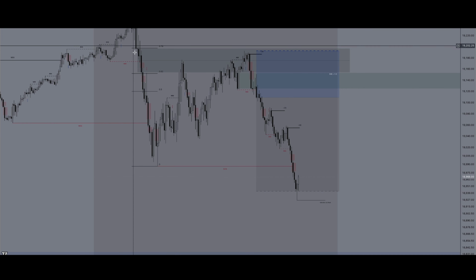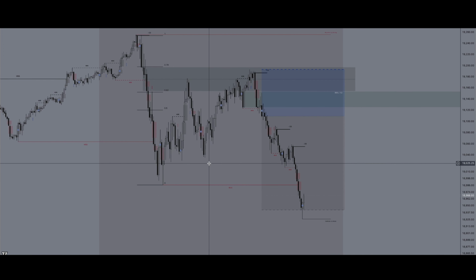Like, you could have taken this short here right at 9:30 if you're really eager, or you could have been patient, wait for it to retrace back into the OTE of this whole leg here, and then you could have taken that short here as well. So we can also go here and rewind it again, even to something like this.